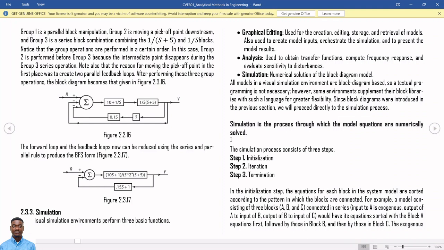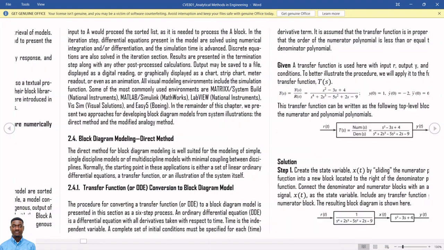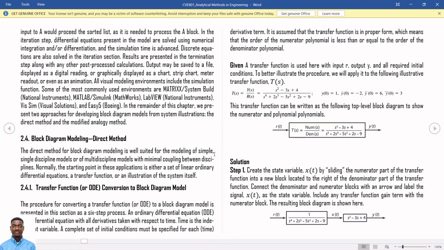Simulation as a process entails 3 steps: initialization, iteration, and termination. Initialization is when you set up your blocks and put in the values, and termination is when you actually run your model to obtain your outcomes.